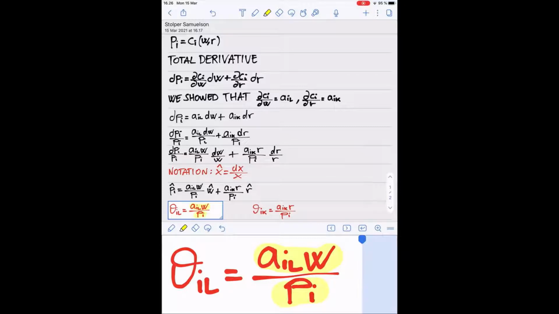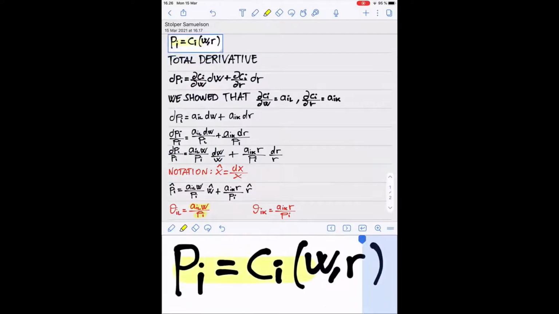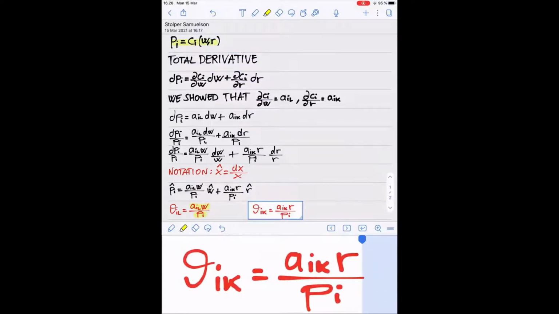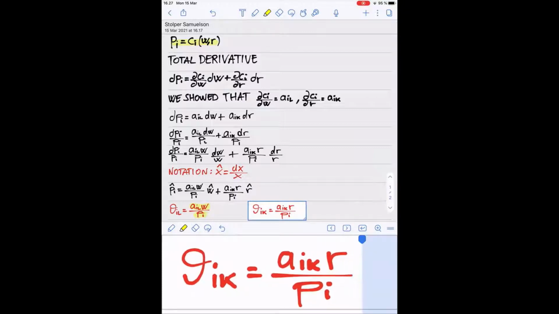Well, that's the share of labor costs over total cost, since the price equals the unit cost. Okay, so similarly, the share of capital cost is the ratio between AIK times R, that is the capital unit requirement, times the rental on capital. So that's the total capital cost associated with producing 1 unit of output, and that is divided by the price, which is also the unit cost.